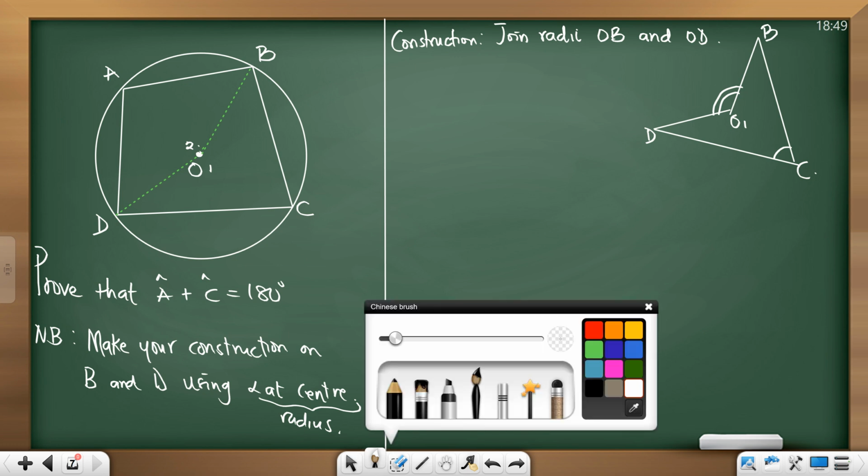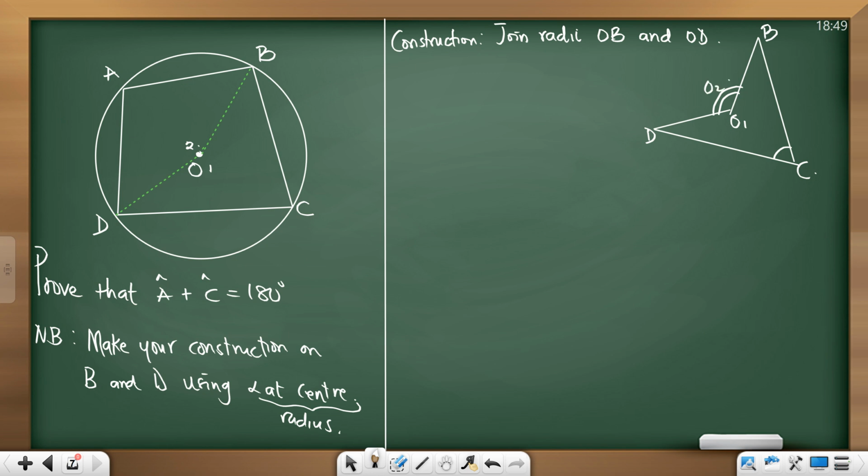So can we say that, what is this, O2, right? Angle O2 is equal to what? 2C. Angle at center is equal to 2 times angle C. Once I get the first one correct, then I'm good.